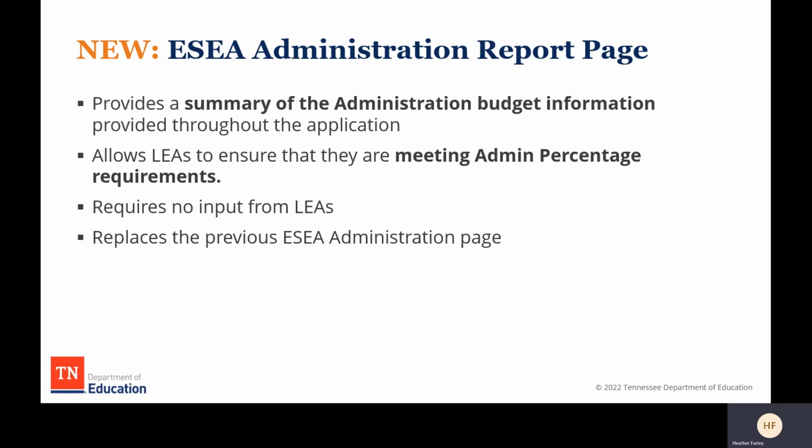There will be a new ESSA administrative report page, which replaces the previous one. With this one, even if you are not utilizing Con Admin, it requires no input from the LEAs. And this is to ensure that an LEA is meeting the admin percentage requirements that also includes indirect costs.